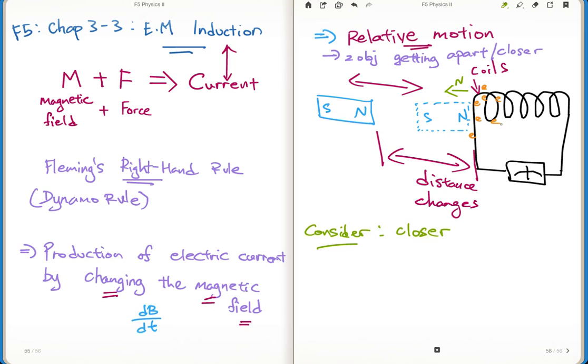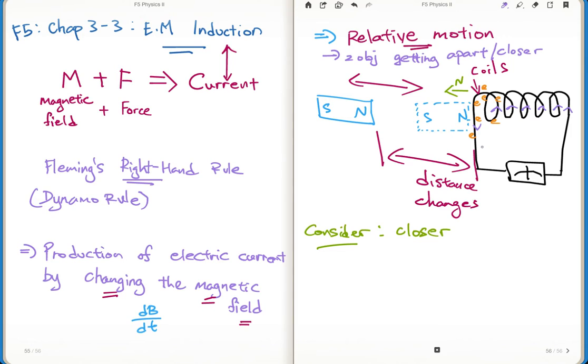Therefore, the current in the coil will flow upwards. This is the front, go down.